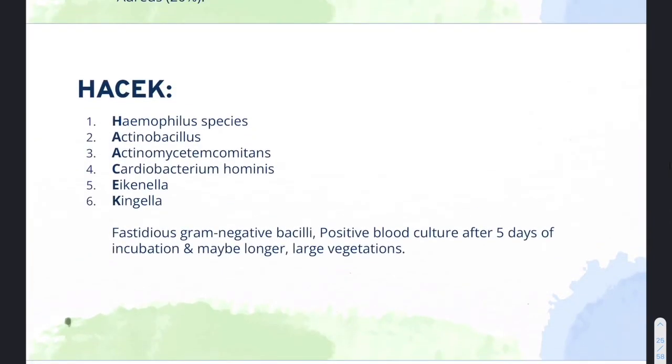Culture negative endocarditis usually is caused by prior administration of antibiotics before obtaining blood culture, or by infection with fungi or Rickettsia species. Coxiella is also a gram-negative pathogen responsible for culture-negative endocarditis.